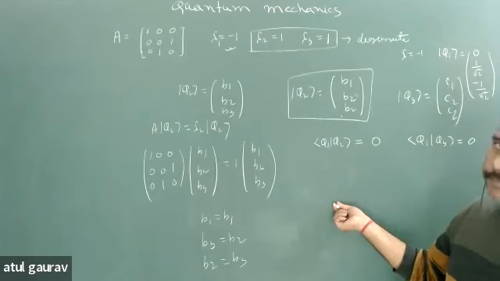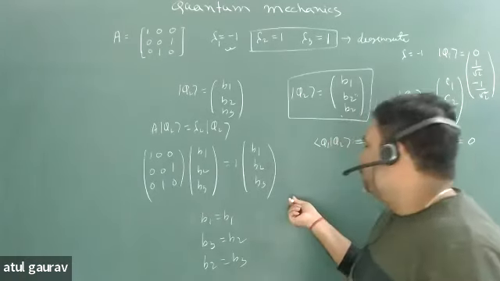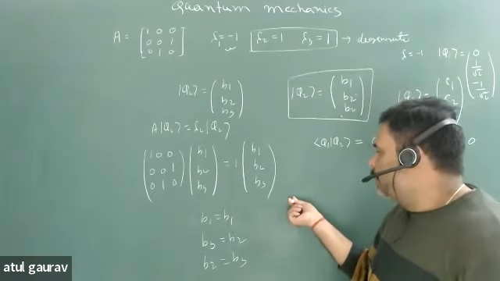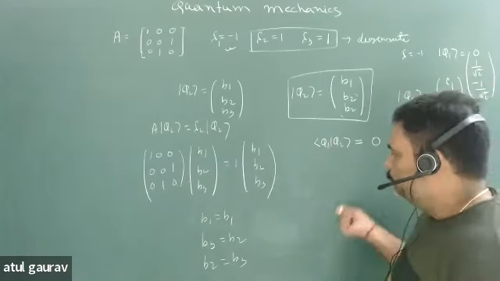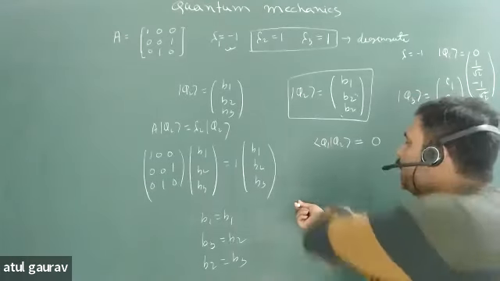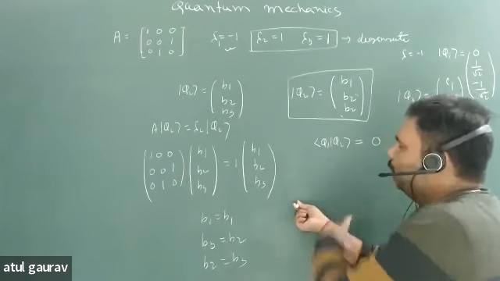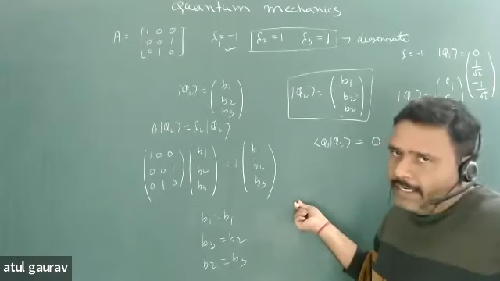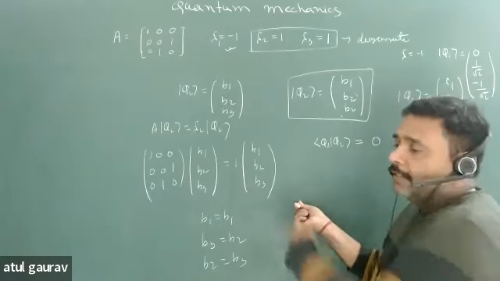Think carefully, it is very important. Any vector which lies in this particular plane, how many vectors lie in this plane? Infinite number of vectors. So all vectors are perpendicular to this particular vector.